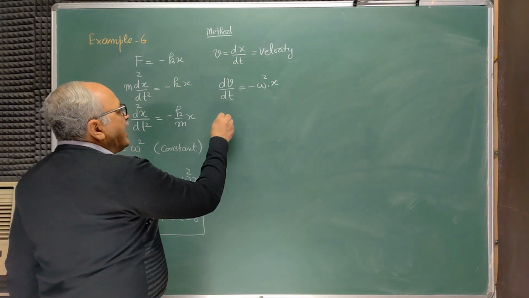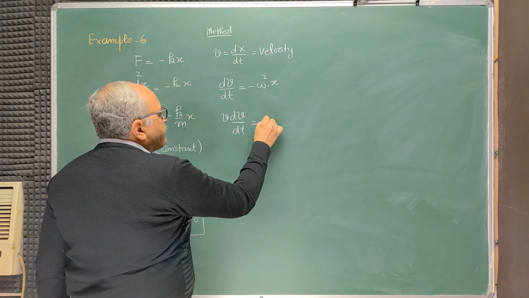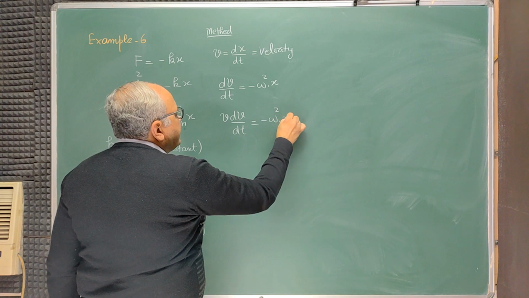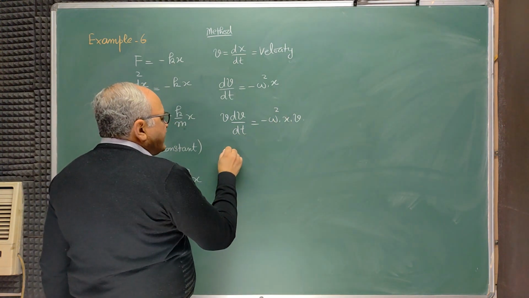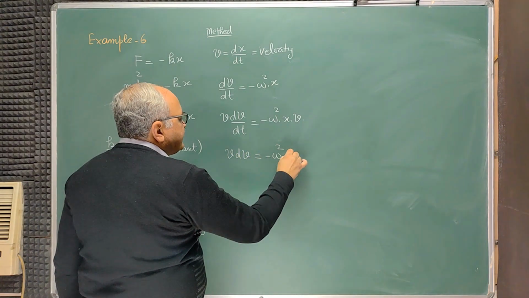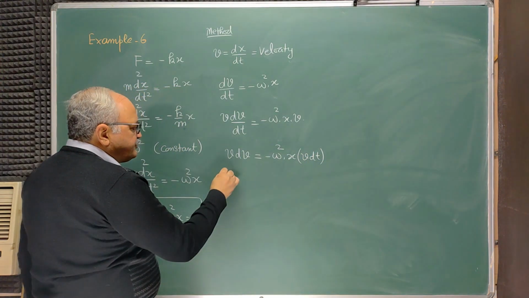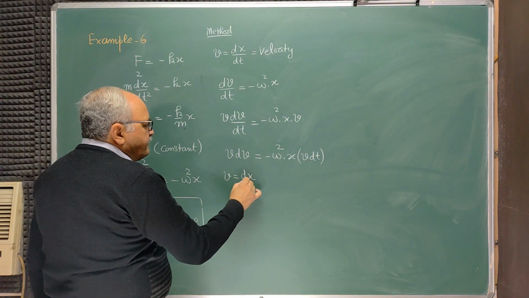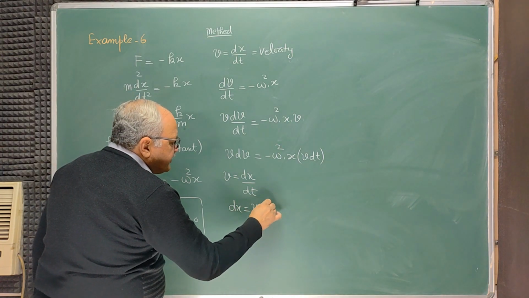To do this, I am multiplying both sides by v: v dv by dt equals minus omega square x v. Now take this dt on that side, so this will become v dv equals minus omega square x v dt. Since velocity is dx by dt, obviously dx is equal to v dt.